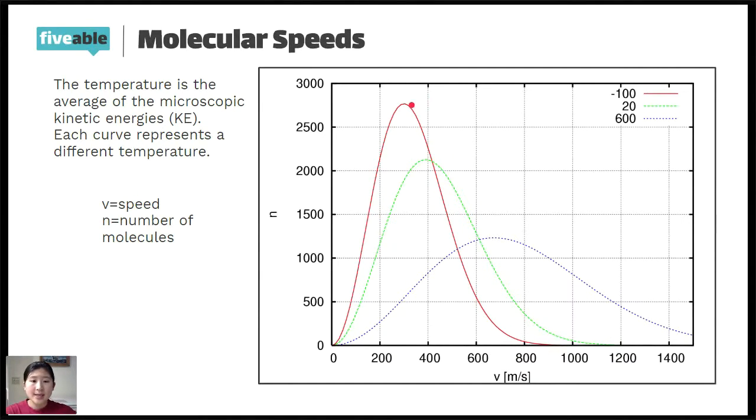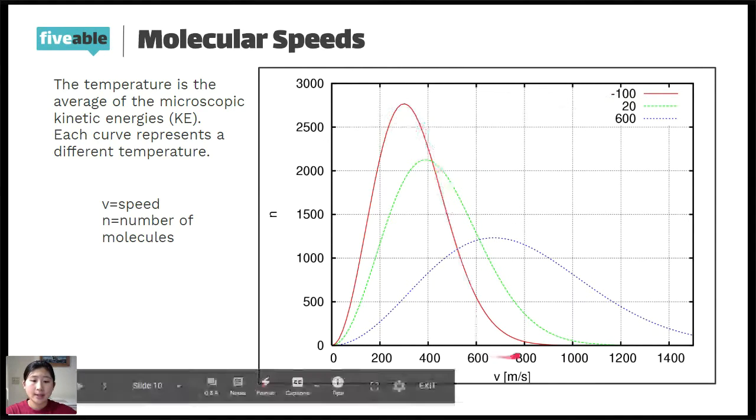So over here you can see the red curve represents the lowest temperature. So it's negative 100 kelvins, I believe. Or never mind, it's not kelvins. I believe this might be Fahrenheit. So negative 100 temperature, there's less variety of speeds, right?